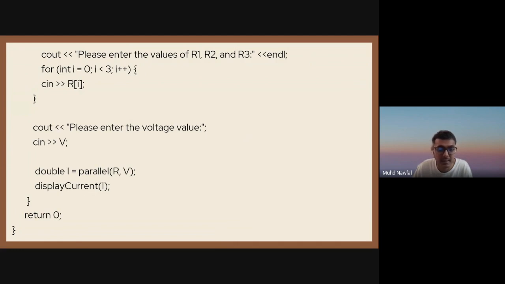And for the cin, it is the same as the current one, R in bracket I. For the second cout, it will be please enter the voltage value, and the cin will be V for the voltage. Double I equals parallel in bracket R and V, and the second one is display current I. So that's the coding for our group presentation.